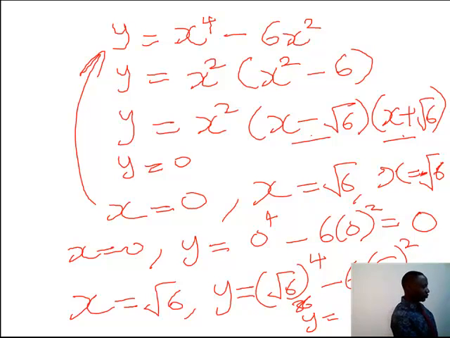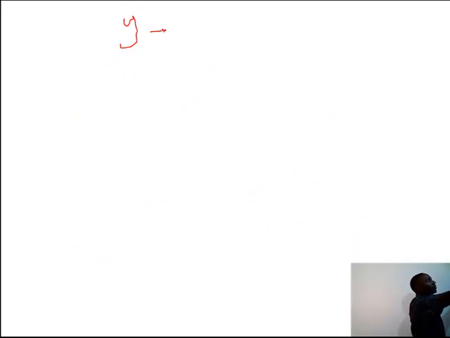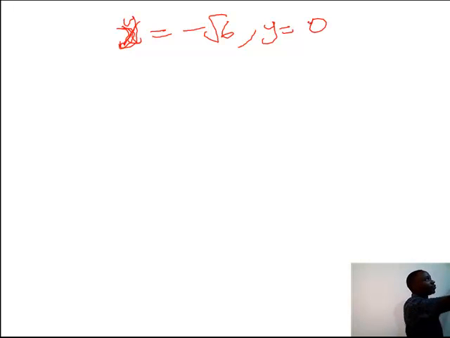And also, when x equals minus square root of 6, our y also will be 0. When you substitute minus square root of 6 into the expression, we are going to have 0 also. Now, the next step is to calculate our maximum and minimum points.